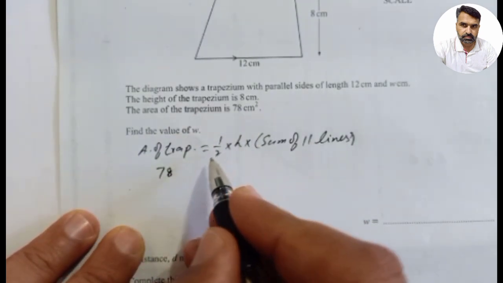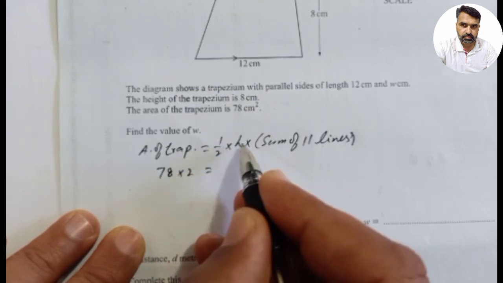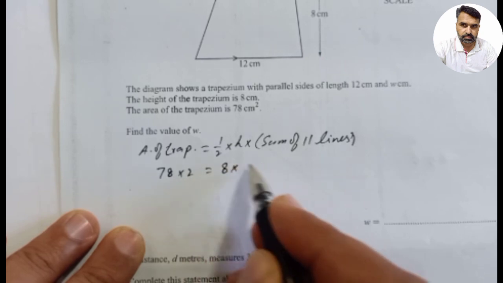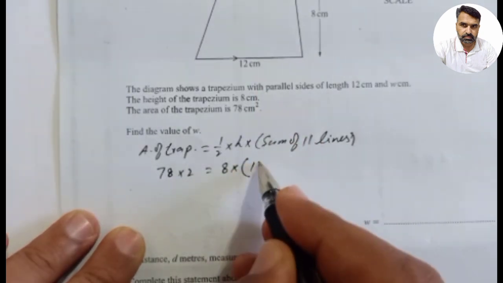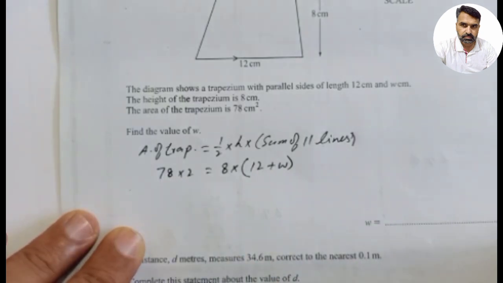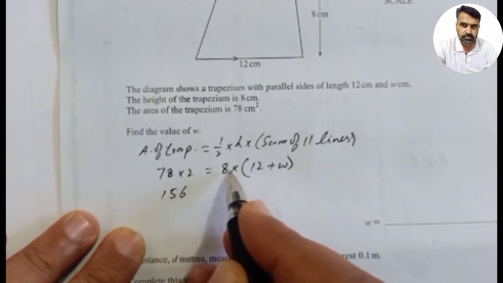This 2 is dividing on the right side. When we transfer it to the other side, it will multiply. And the height of the trapezium is 8. Multiply by the sum of parallel sides, and the sides are 12 plus w. So students, 78 multiplied by 2 is 156, and 8 is multiplying on the right side.